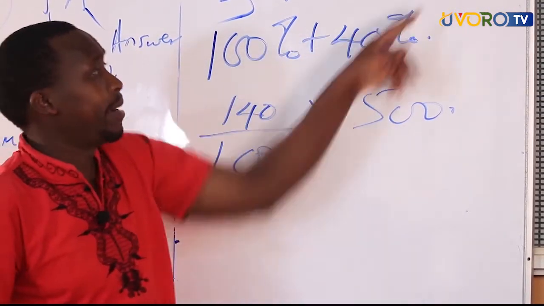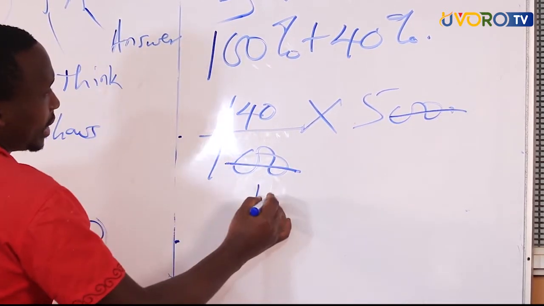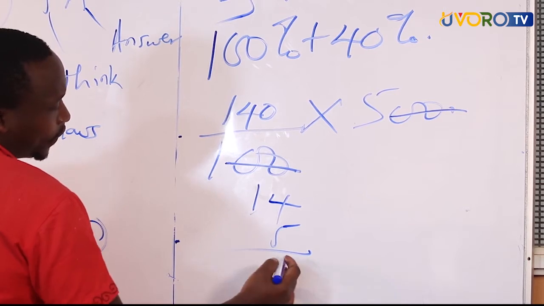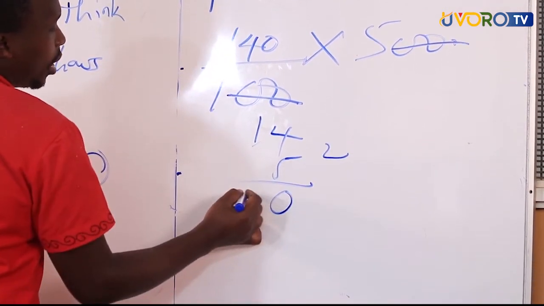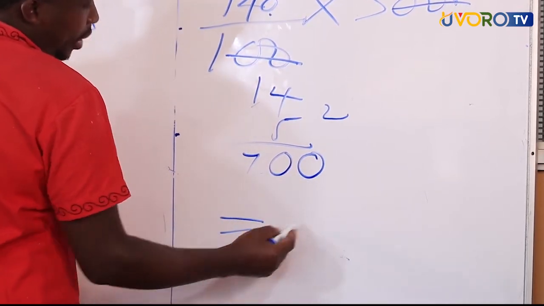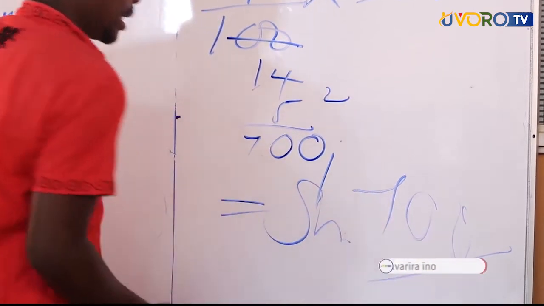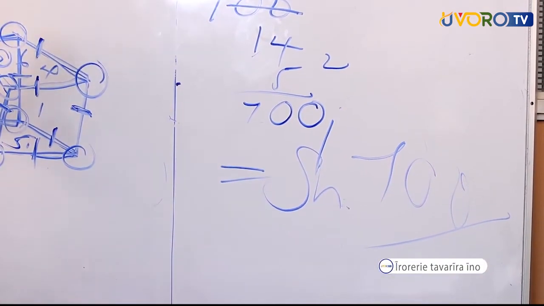This is the last step. Cancel the zeros and the zeros. What is 14 times 5? 20 carry 2, 7. How many zeros were left? 1. So it is shillings 700. As saluting our A.